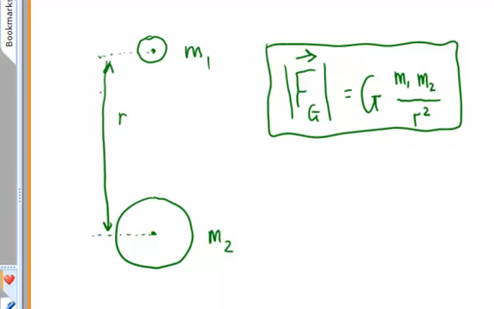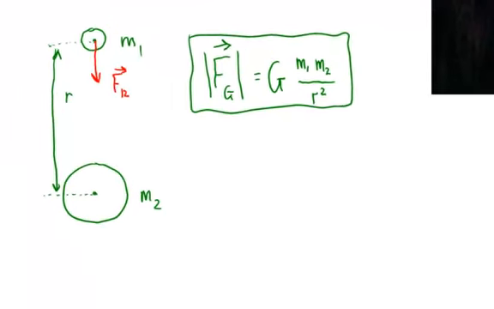Here's how we'll indicate that with a vector. We're going to say that the force that object 1 feels due to object 2 is given by an arrow that looks like that. And this F with a subscript 1, 2 means the force on object 1 due to object 2.